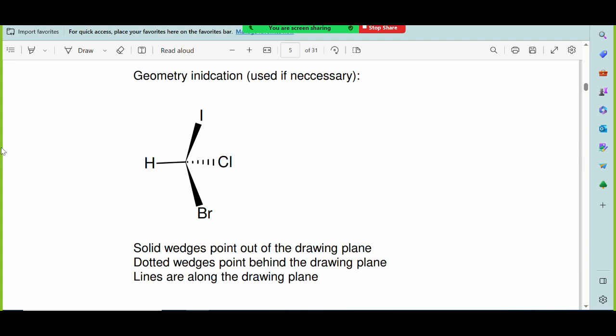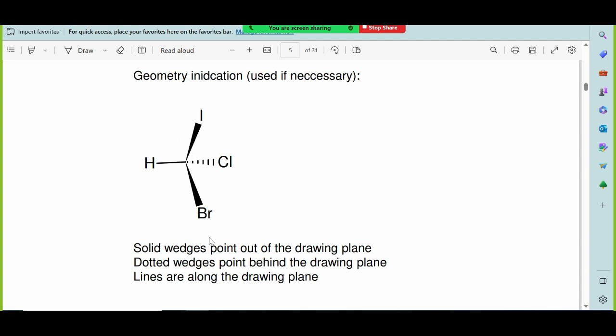If we want to indicate the 3D geometrical structure of the molecule, when we write it like this, with a solid line with edges like a triangle, it means it's pointing out of the screen towards us. So imagine that this is the plane. The CH represents the plane of the screen.